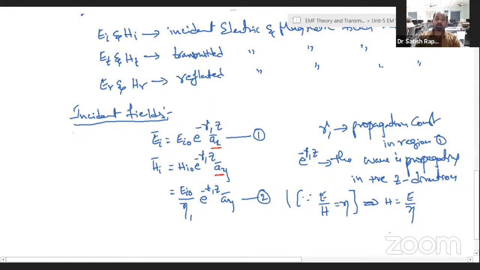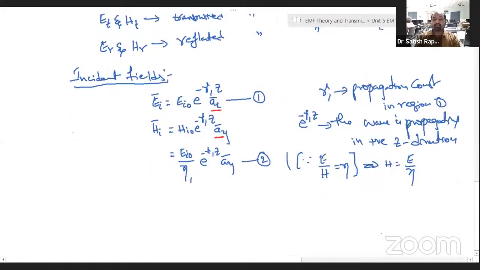Why eta 1? Because the incident field is in region 1. So the electric field and magnetic field of the incident wave can be represented from equation 1 and equation 2.